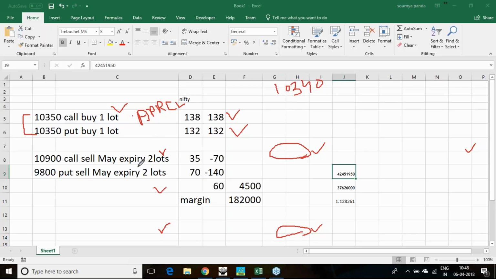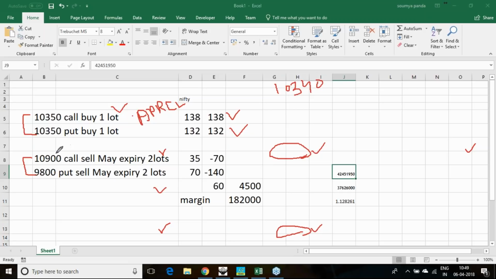This particular strategy is known as a short call ratio spread and short put ratio spread. Otherwise, you can say it is a short call ratio spread in the cross calendar, and a short put ratio spread in the cross calendar.